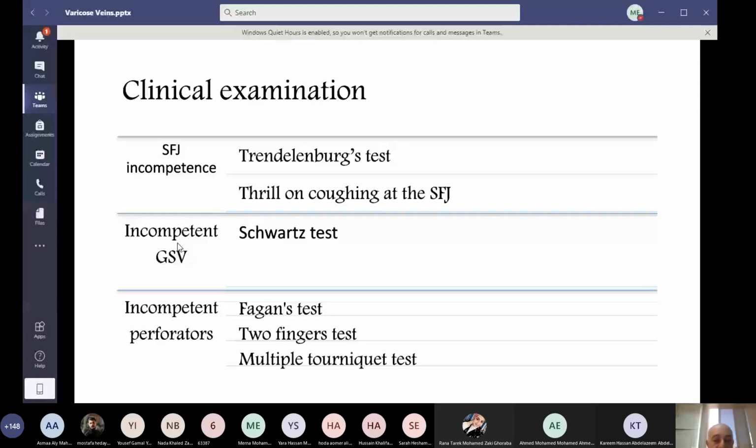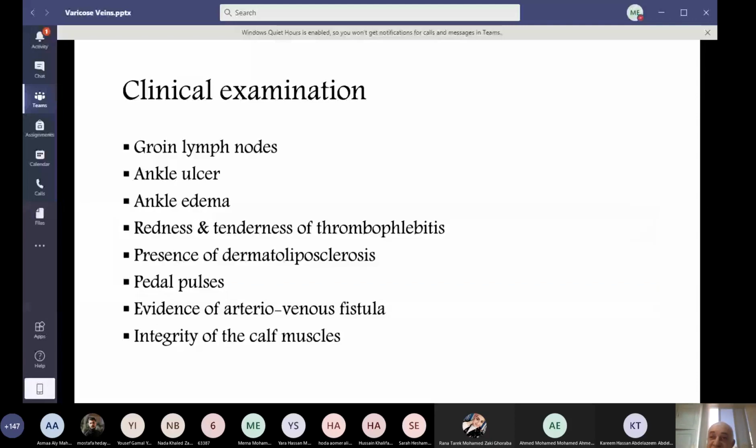During clinical examination, in addition, we have to seek whether there are groin lymph nodes, and whether there is an ankle ulcer. We should examine this ulcer and describe it as you will learn in general surgery, and seek whether there is edema of the lower leg, which in varicose veins is usually around the ankle.